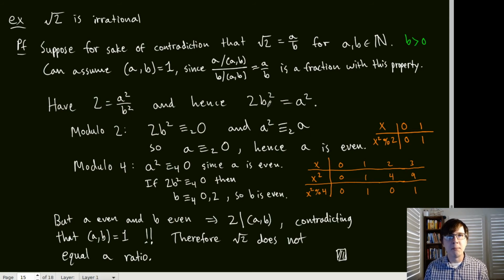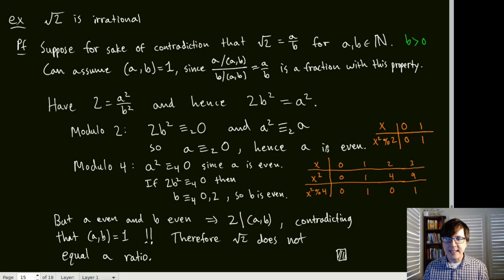So now let's look at it mod 4. Let's look at a table of all the squares mod 4. So we have 0, 1, 2, and 3, which we square, and then we take the remainder. So 0 squared is 0 mod 4, 1 squared is 1 mod 4, 2 squared is 0 mod 4, and 3 squared is 1 mod 4.